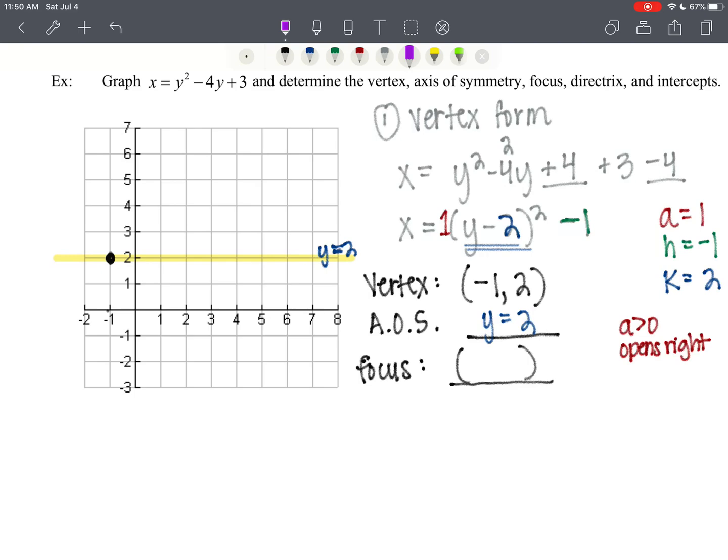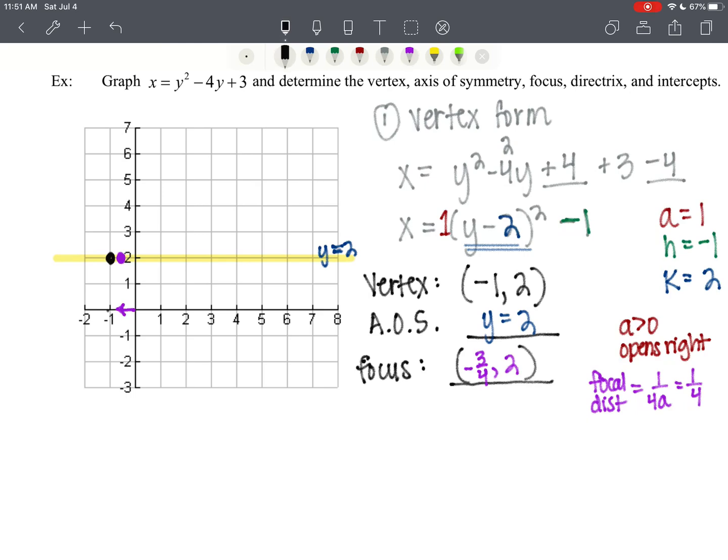Focal distance is equal to 1 over 4a, and in this case a is 1, so it's just 1 over 4. So we're going to move 1/4 to the right. So the focus is going to be left 0.75, so that would be -3/4, and then it's going to go up 2.